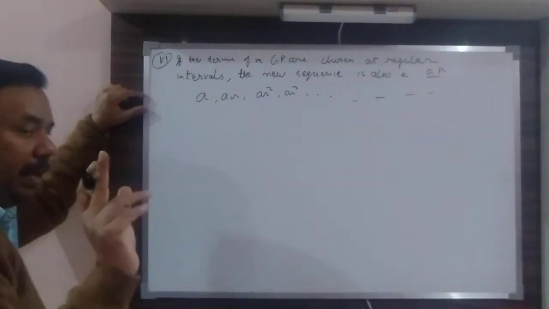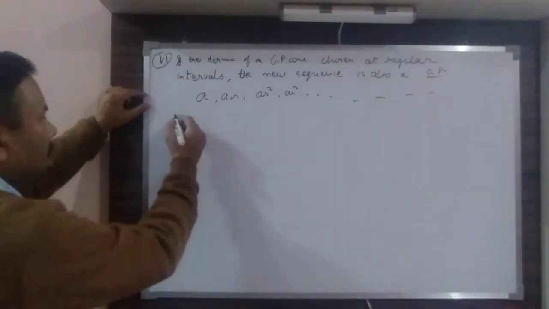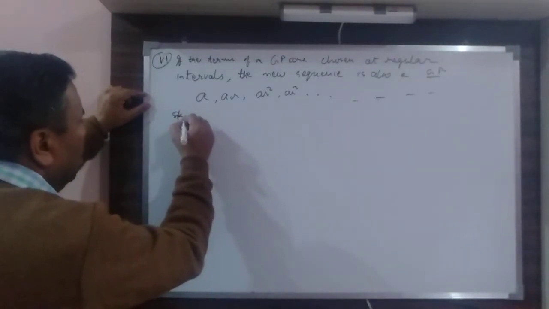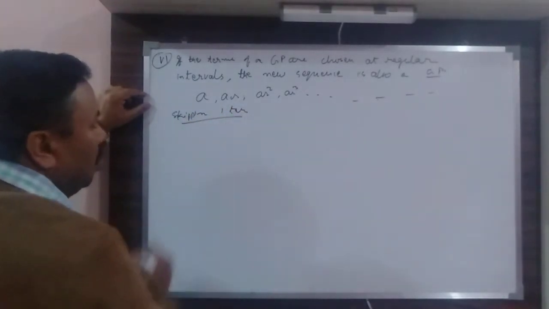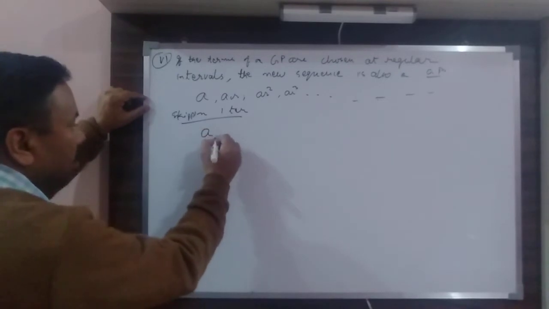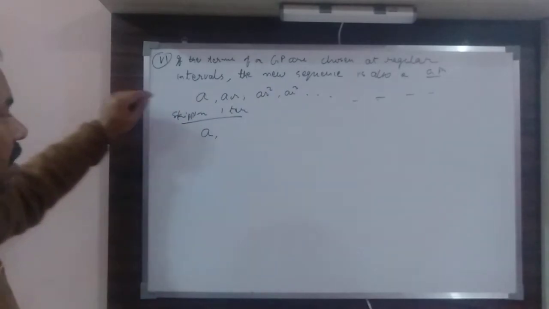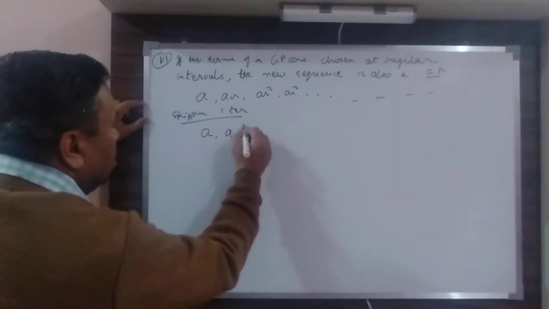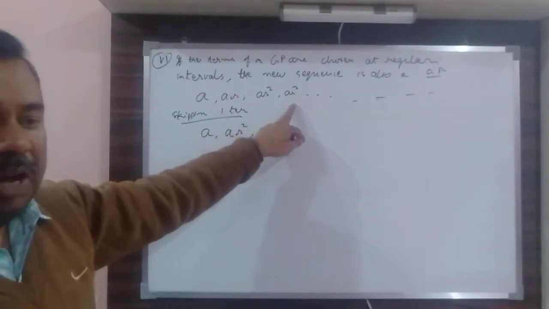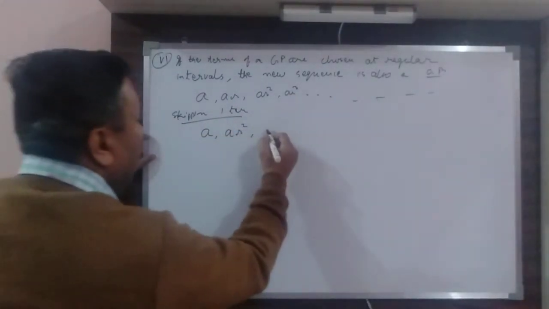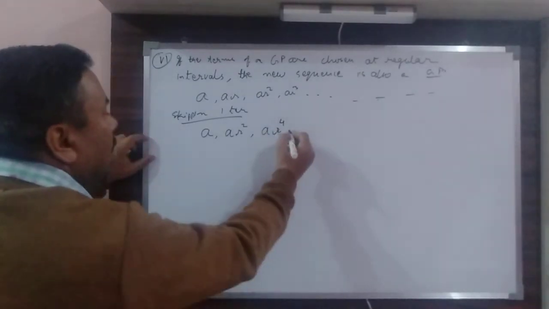Now if I take by skipping 1 term, my terms will be a, then I will skip 1 and take the third term, which is ar square. Then I will skip the fourth term once again, and the fifth term will be ar raised to the power 4.